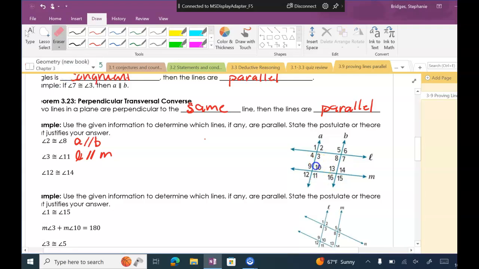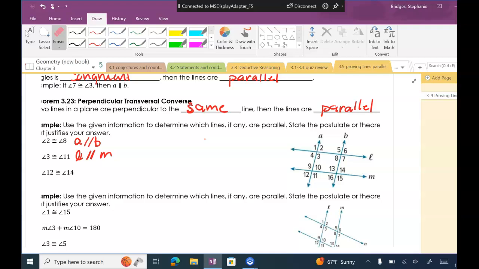12 and 14. What lines would have to be parallel in order for those to be congruent? Look at your angles 12 and 14.